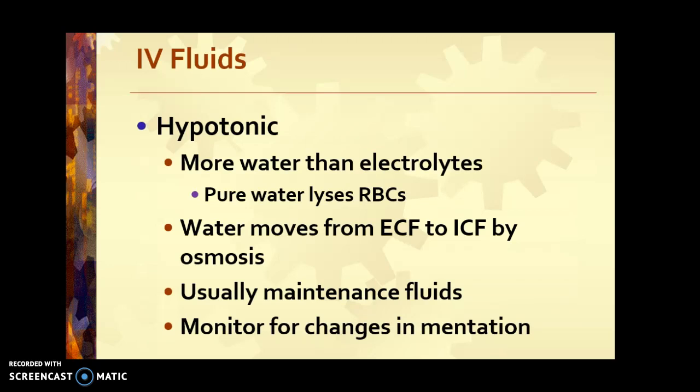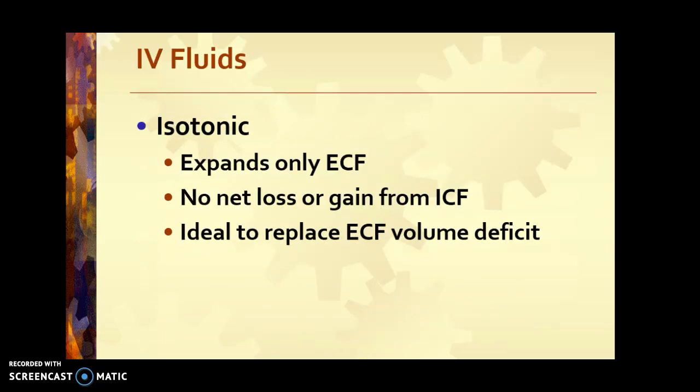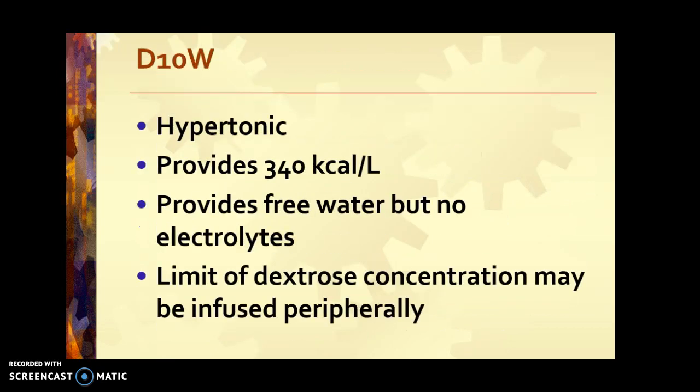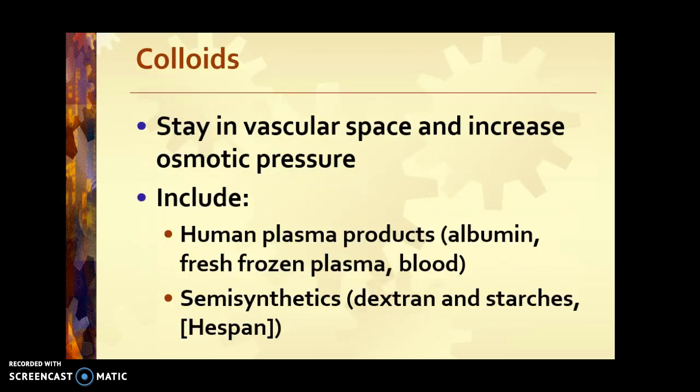So if we need to be replacing electrolytes because the patient has lost them, say they're having nasogastric suction, we're going to want to run lactated Ringer's. We wouldn't want to run D5W or something that's not going to replace electrolytes. So go back through there and be familiar with what each of these do.